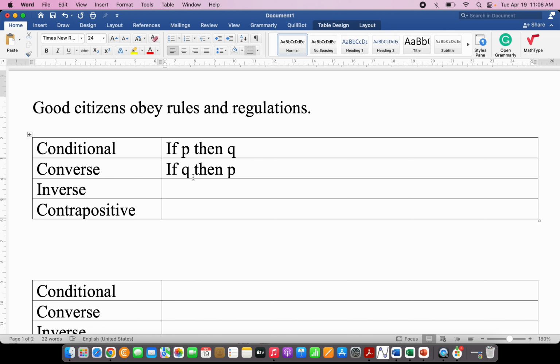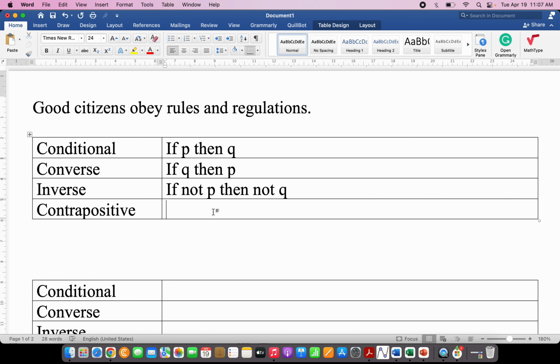So, if not P, then not Q. Pero depende yun sa words, for example, yung verb is sent.